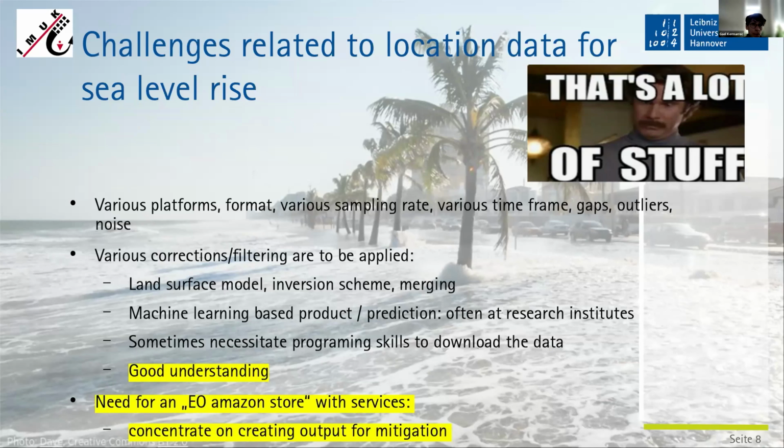So that as a researcher, I am just able to concentrate on the core of my work, meaning developing new technology, new algorithms, finding new ways to process the data, to get accurate information about sea level rise, but also about turbulences for all kinds of things. So where you need location data, because I have various platform formats, sampling rates, time frames, gaps, outliers, noise, and so on.